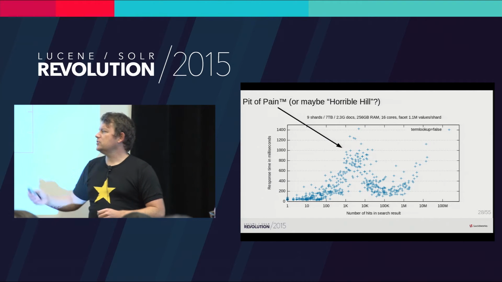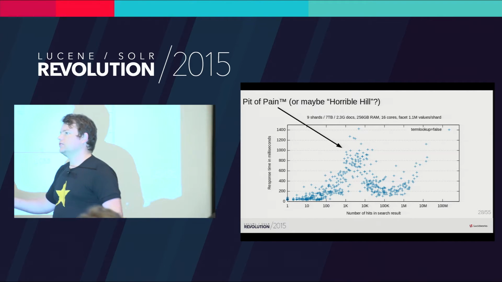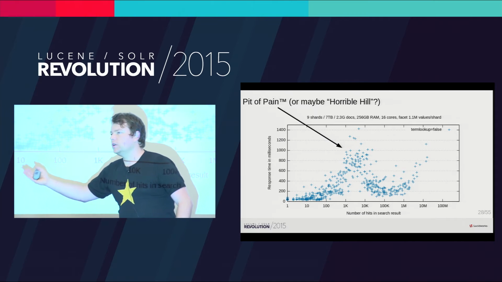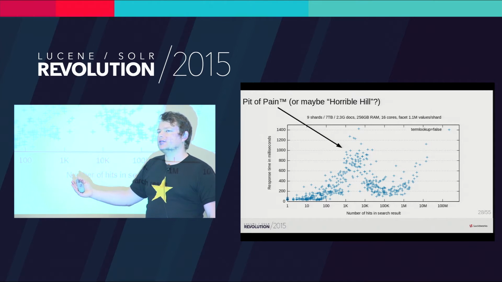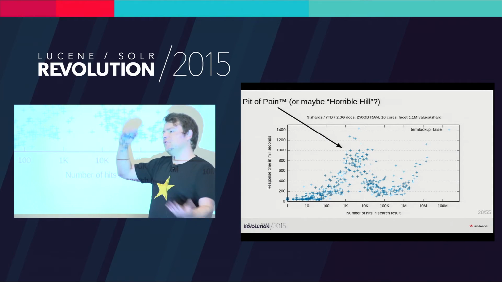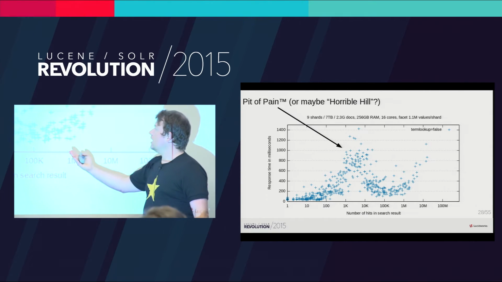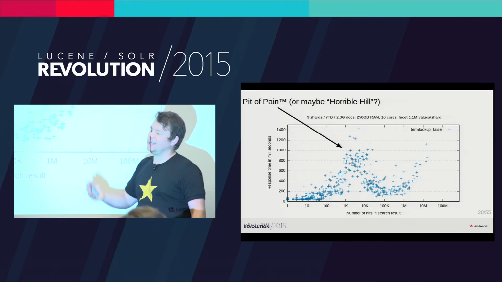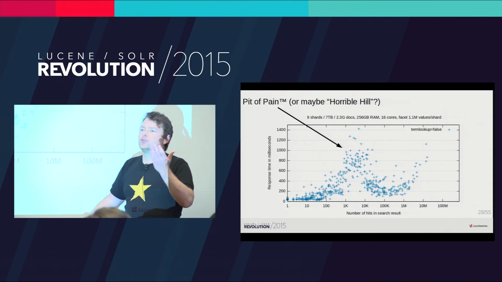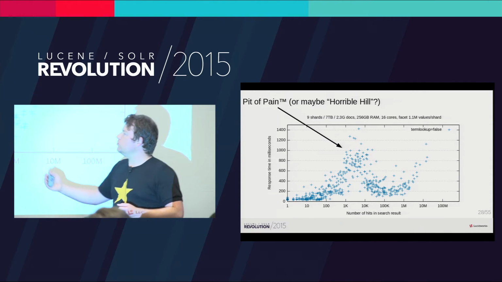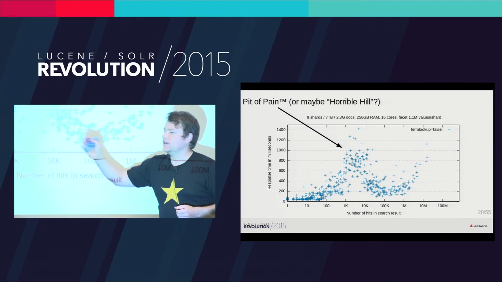But it turns out that statistically, for the result sets that are very small, there's a high chance that all shards actually gave everything they knew about this faceting thing. And for the results that are very large, there's a high chance that the shards actually answered the same terms, all of them. So it's only here in the middle that we need to do a lot of fine counting.